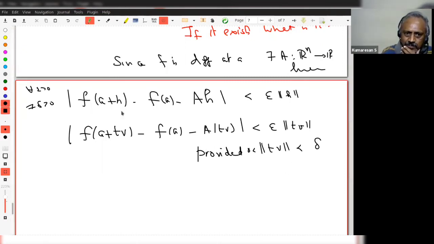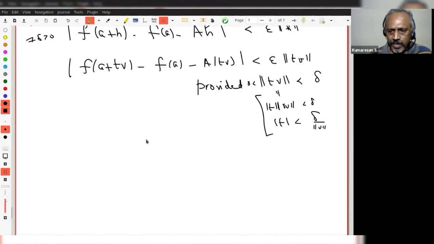In place of h, I substitute the vector tv. Then this inequality is true provided the length of h is less than delta. That means the length of tv should be less than delta. Do you follow that? Okay. Now this is mod t times the length of v, which should be less than delta. That means mod t should be less than delta by the length of v. But that's independent. That means for all t near 0, this will be a true statement.